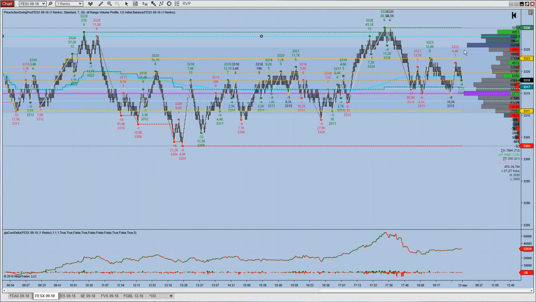So two things I noticed in this case: we settled right up to the high of the day, and we settled higher than the POC, while in tick products like the Euro Stoxx or the ES, you typically see the settle quite close to the volume point of control.